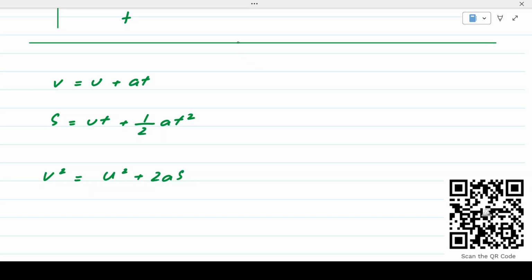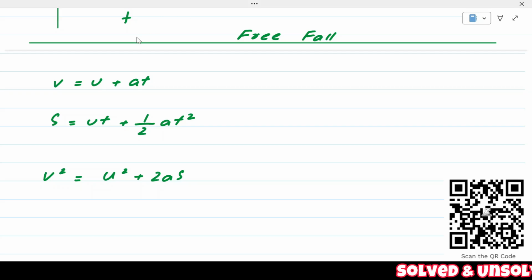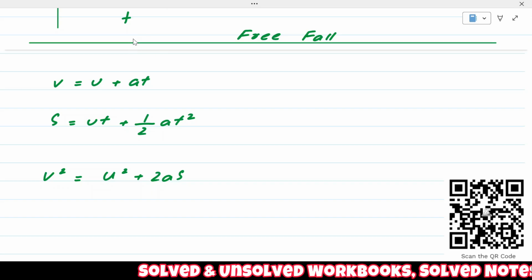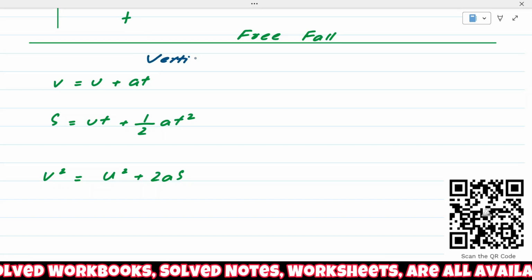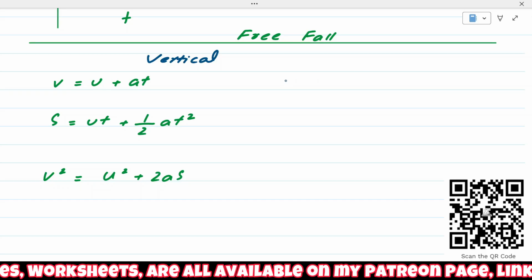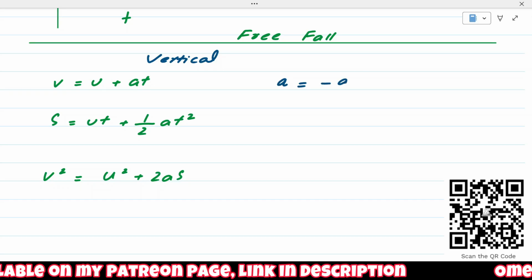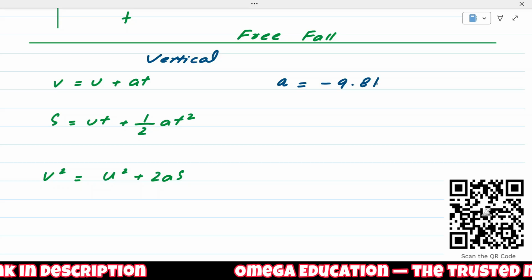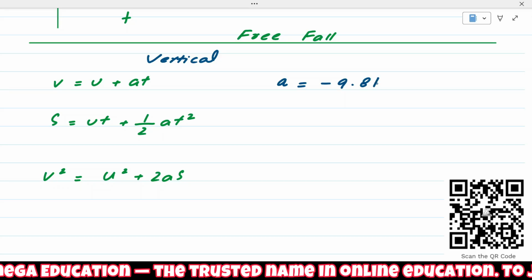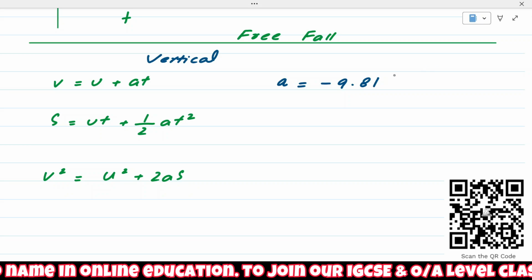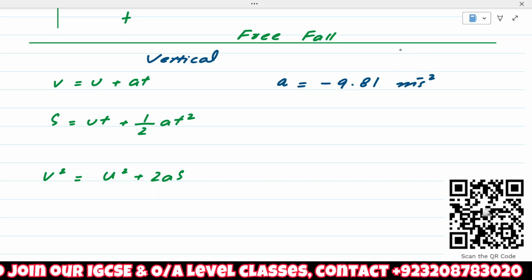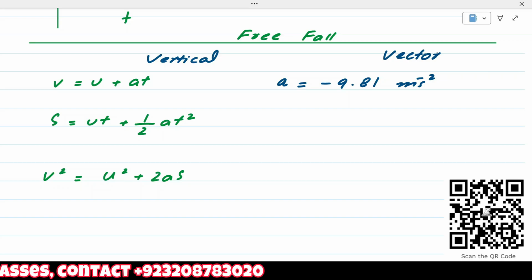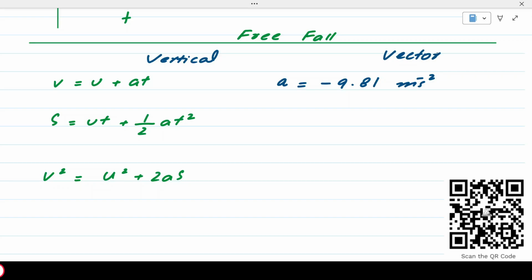So if you have to use these for free fall, or for projectile motion, for vertical motion, free fall, vertical motion, acceleration will always be used as minus 9.81. Whether you're going up or going down, it would be minus 9.81. This is the vector sign convention. G would be minus 9.81.